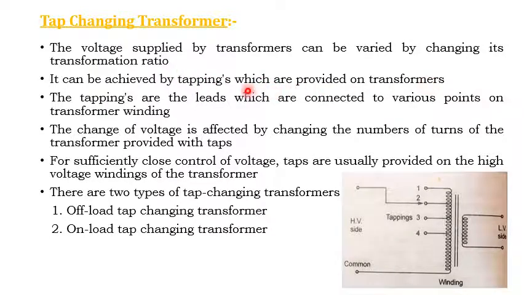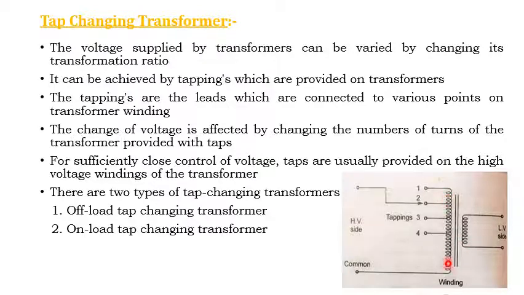Now the question arises, what do you mean by tapping? A tapping is nothing but a lead or a contact which is connected to various points on the transformer winding. So let us consider this is a winding. Let us consider this is the primary winding and this is the secondary winding.